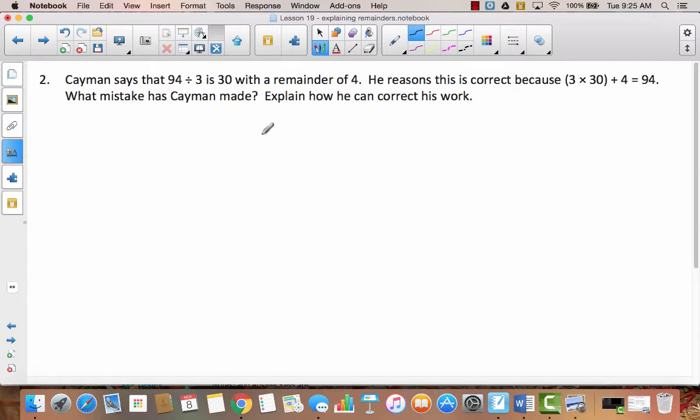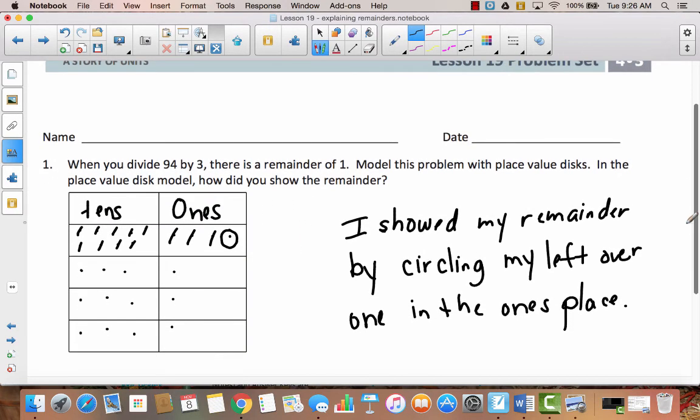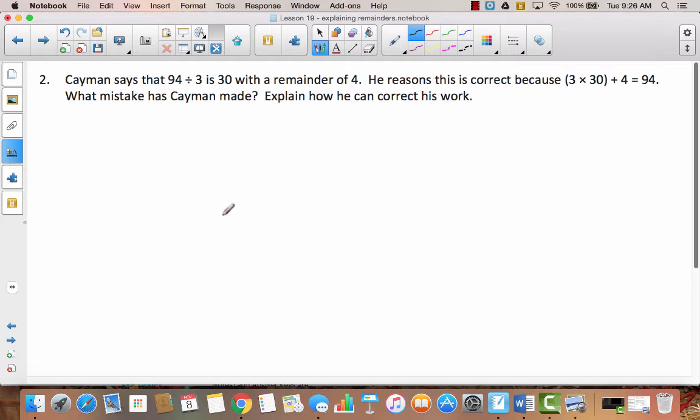It was actually 31. But if you think about it, your remainder can't be greater than what you're dividing by. Let's look back at problem number 1. If I had 4 ones left over, well, it's obvious that I didn't take these ones and distribute them. So that's what Kamen's mistake was.